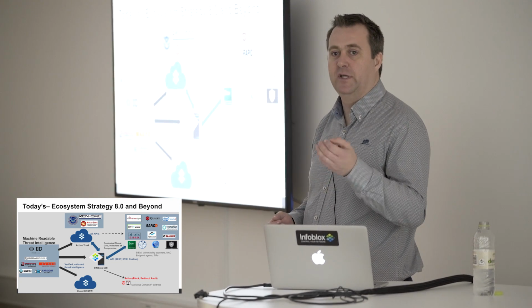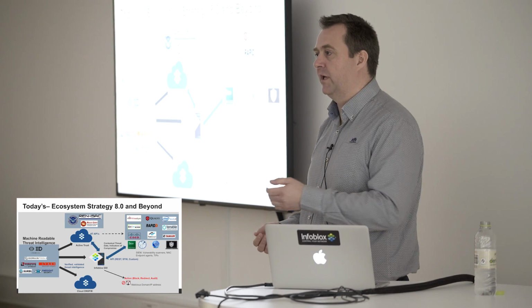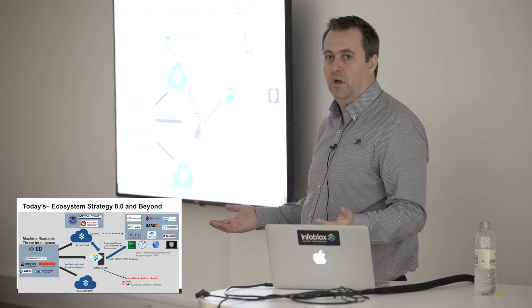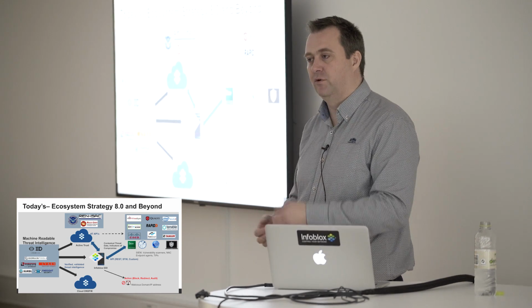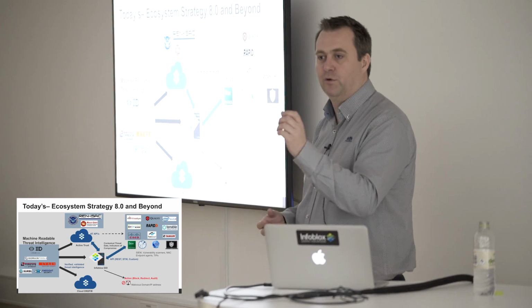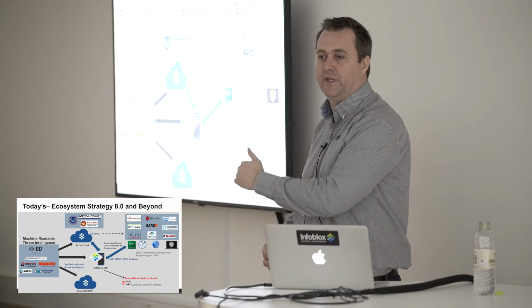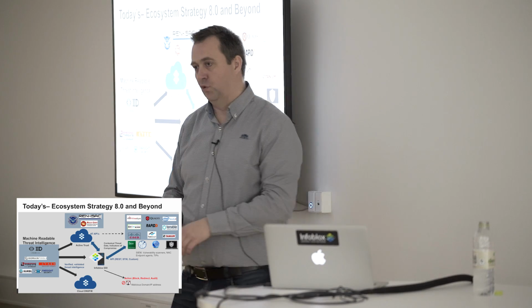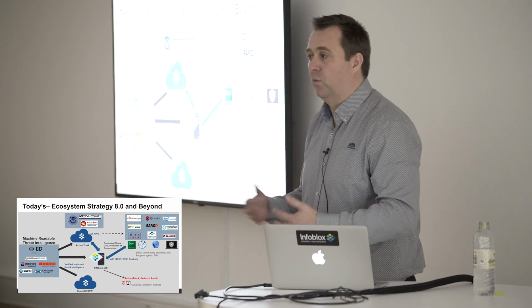Let's say you have deployed DNS firewall. There is a hit on DNS firewall on a certain URL or a certain IP address, but what does that mean? So you can go to the ActiveTrust platform, you can type in that URL or that IP address, and you get all the contextual information from all those different sources, so that you can see what it actually is.